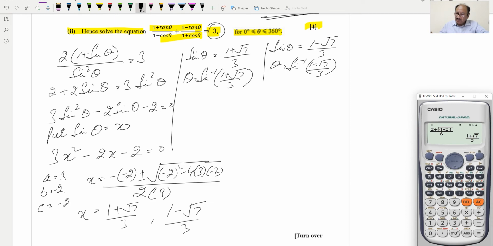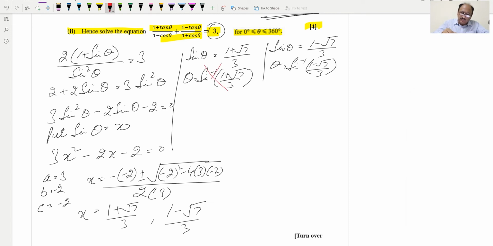So shift sine of this value, the answer will be a syntax error, so we will not be getting a value for this one.